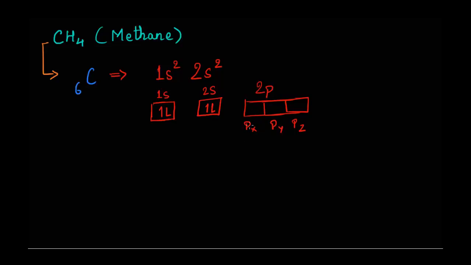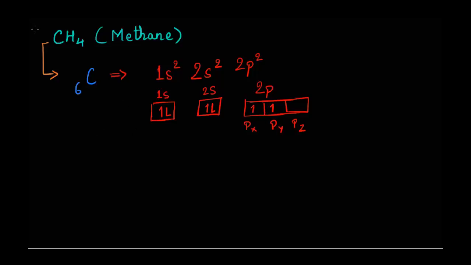Each one can have two electrons, but there are already 4 electrons in 1s and 2s, so we are left with only 2 electrons. I'll write it as 2p2, and these two electrons will go one here and one here.